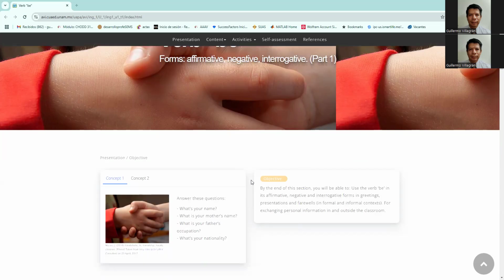When we finish this section, you could do some exercises, but it's important that you be able to manage this concept of affirmative, negative, and interrogative forms in greetings and also presentations, farewells in formal and informal contexts, and for exchanging personal information outside the classroom.